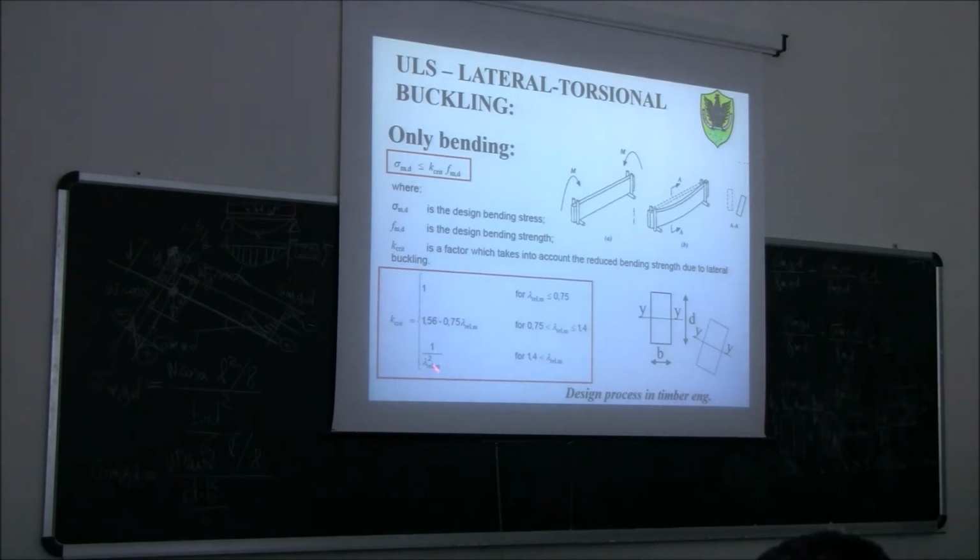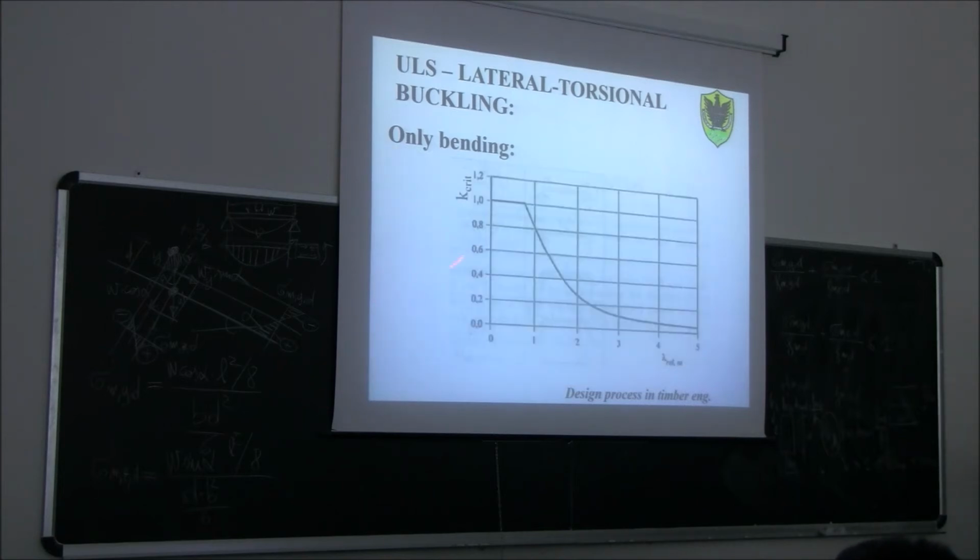When the relative slenderness ratio is in the range 0.75 to 1.4, we have another equation for k_crit. And when it is larger than 1.4, we have another equation for k_crit. This is basically the curve we are talking about, depending on this slenderness ratio.